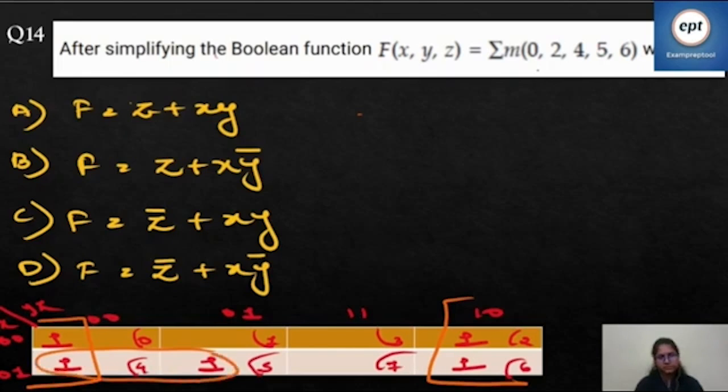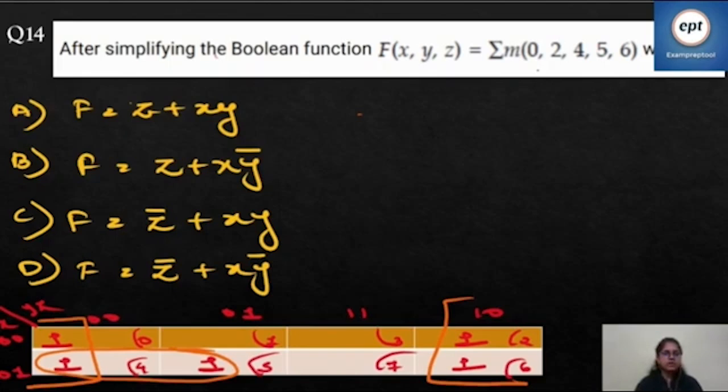Here also the overlapping is done, but only to cover this one, so it is not problematic. One time covering of a one is okay, but if the one is already covered and you are still covering it with another pair, that is not okay. We will consider it as a minimal pair. So here you can see that all the ones are covered.